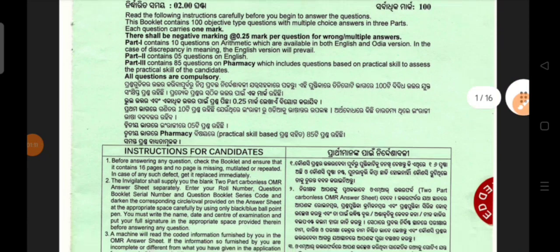Here the total time is 2 hours and the maximum mark is 100. For a correct answer there will be 1 mark, and for a wrong answer 0.25 marks will be deducted.